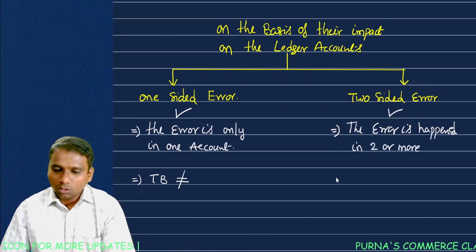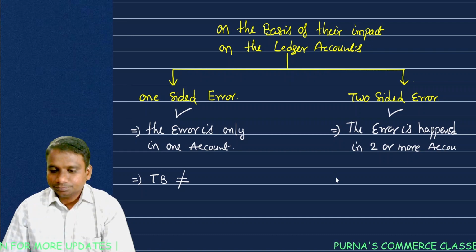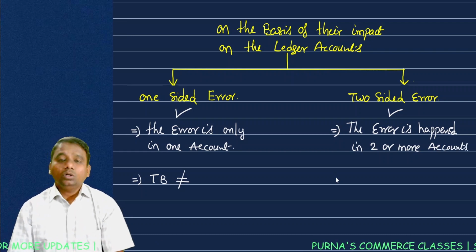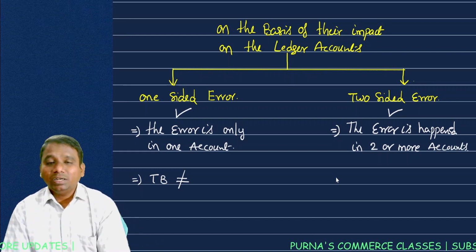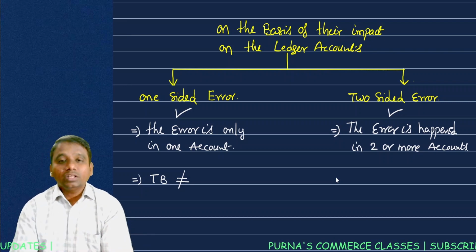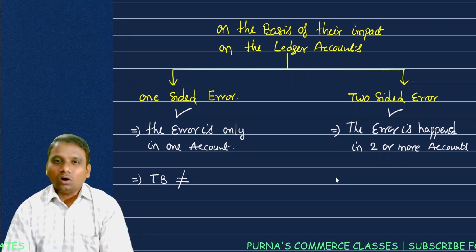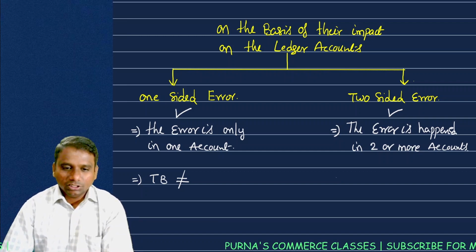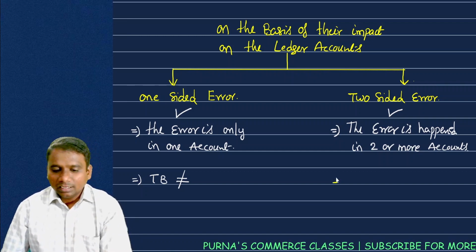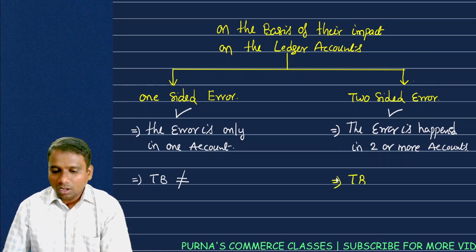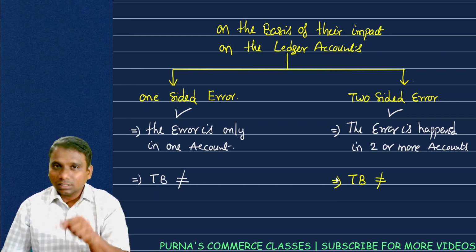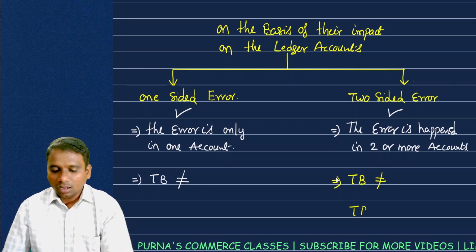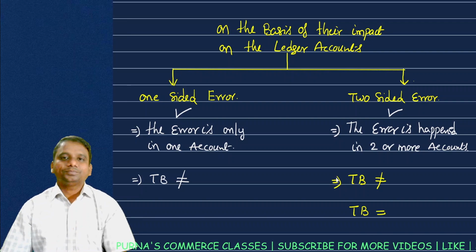This is perfect. So the error is happening to two or more accounts. These are called two-sided errors. In this case, our trial balance may not agree or our trial balance may agree.